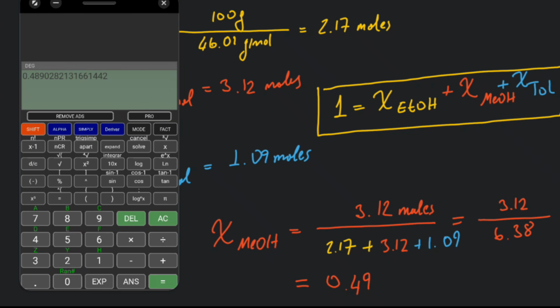So for instance, I calculated methanol, which is 0.49, then I can say that the mole fraction of ethanol plus toluene should be 0.51, which is 1 minus 0.49.